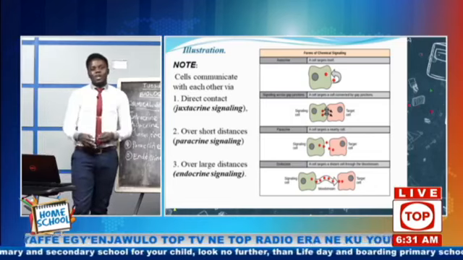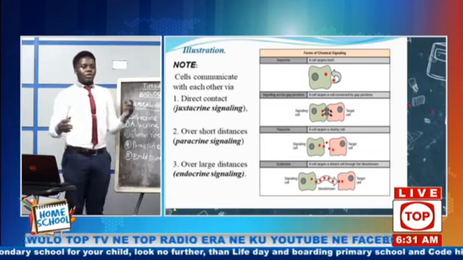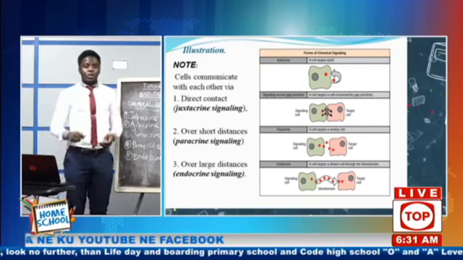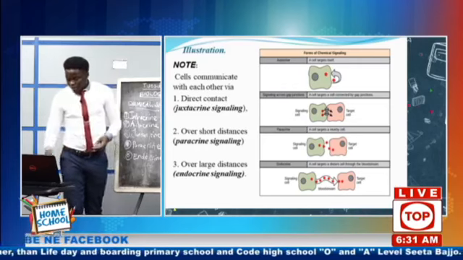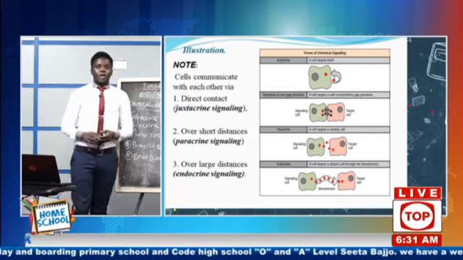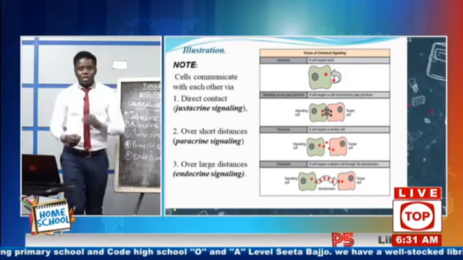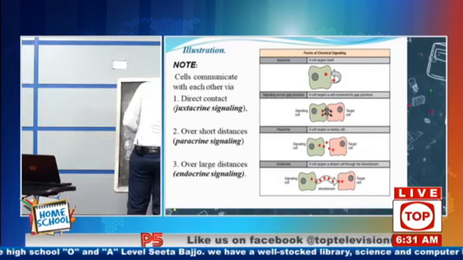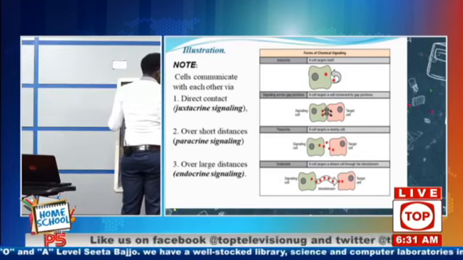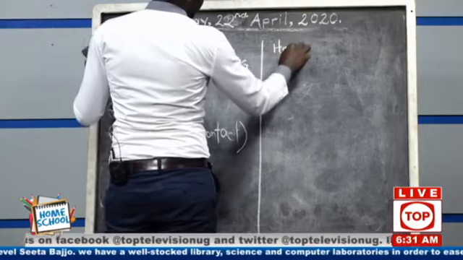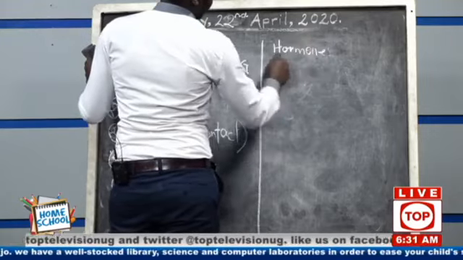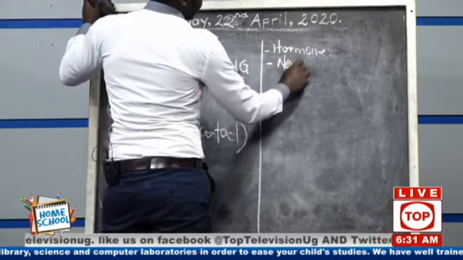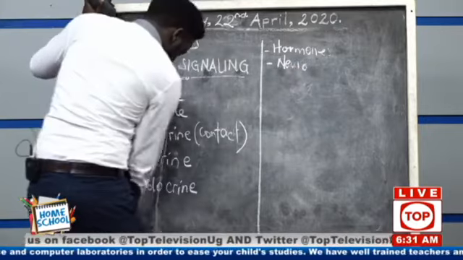So after we have understood how signaling happens, we can appreciate the different types of signaling molecules. Now, we have three major types, three important classes.